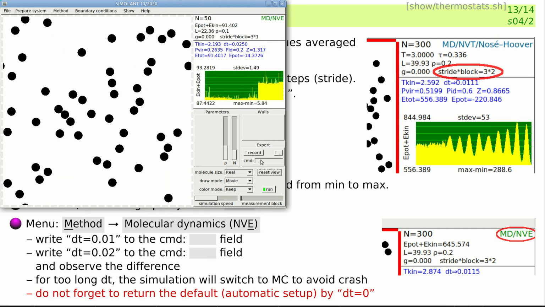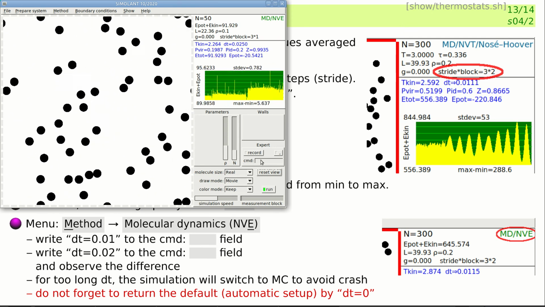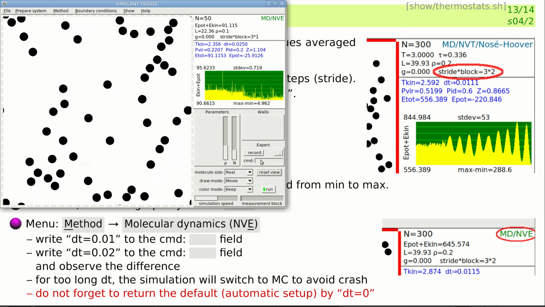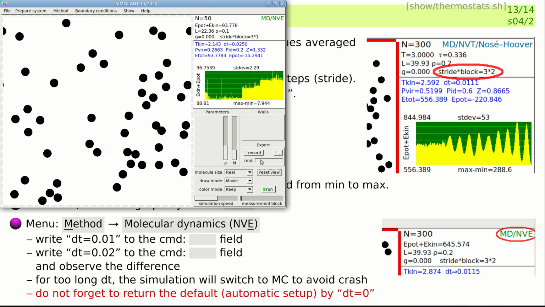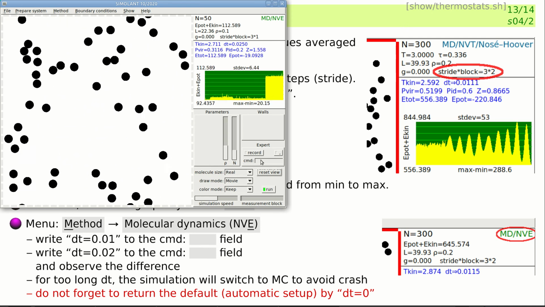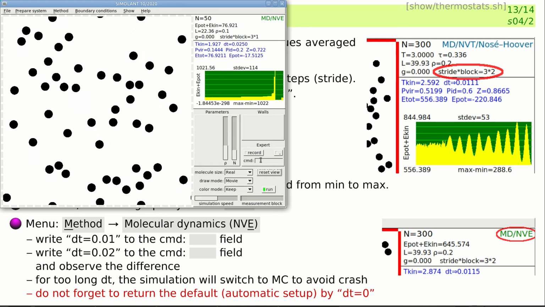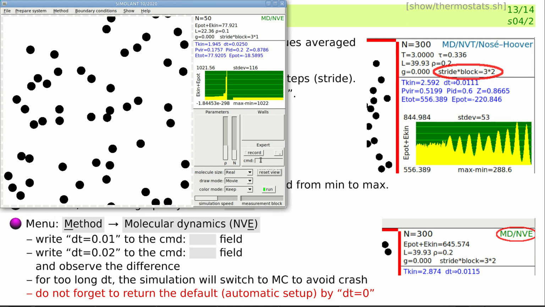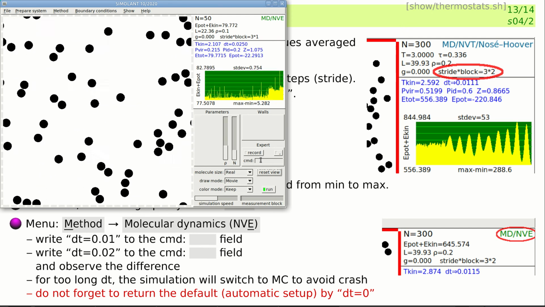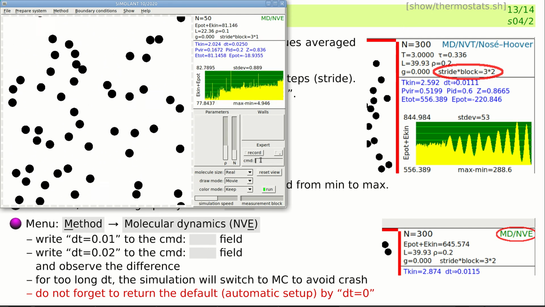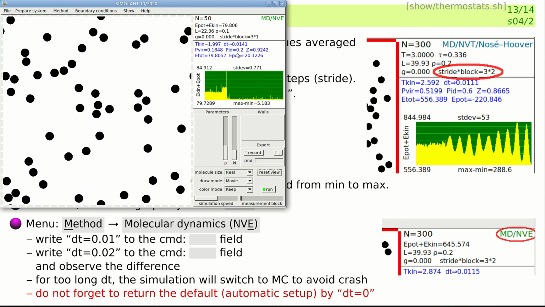There is a problem with showing this because this is a stochastic process, so you never know whether such a problem that I have announced will occur within 10 seconds or 5 minutes. Well, it's just now. Okay, so it failed, now it starts to restart, but still the energy is high, so it may repeat. So I will return to the default.